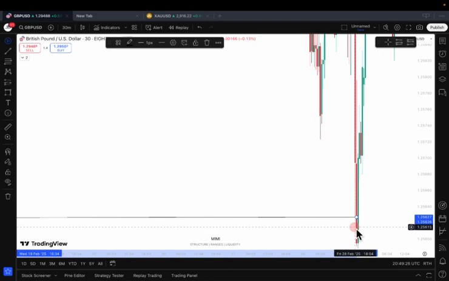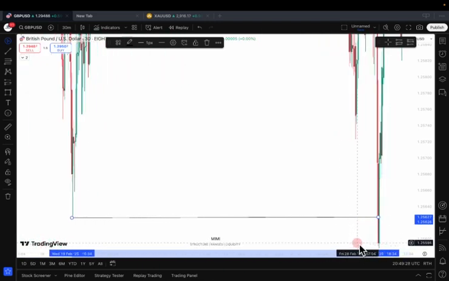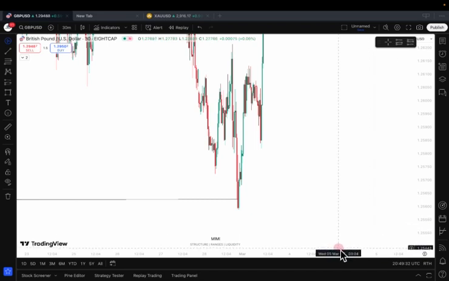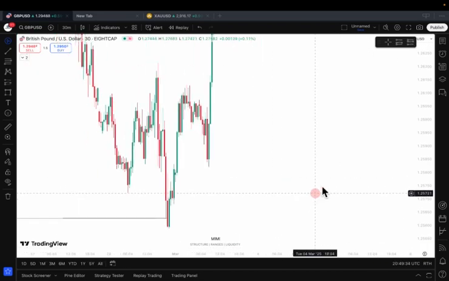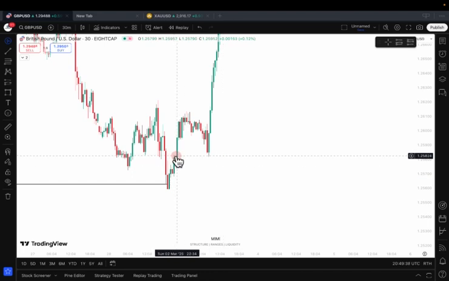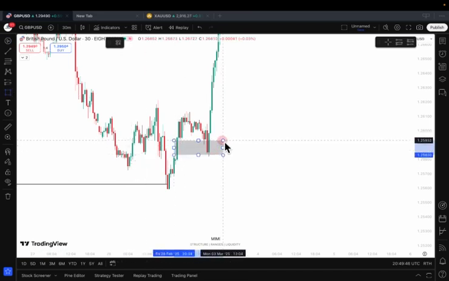I don't know how anybody that traded this got that entry, but I think there was a continuation from, I think, this was the 15 minutes here. It was a 15-minute continuation here, and that held. So it's 15 minutes.